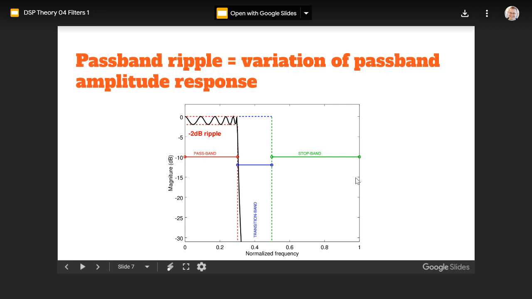We can allow some changes of the amplitude response on the passband. In that case, that ripple actually defines this corner frequency, the cutoff frequency. So if you have -2 dB ripple, then the last point still having that -2 dB is defining what the cutoff frequency is.